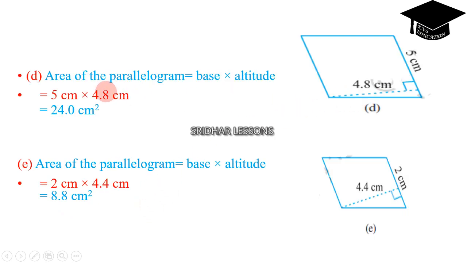Question D, area of the parallelogram is base into altitude, that is 5 centimeters into 4.8 centimeters, that is 24.0 centimeters square. This equals 24 centimeters square. For question E, area of the parallelogram is base into altitude, that is 2 into 4.4 centimeters, that is 8.8 centimeters square.